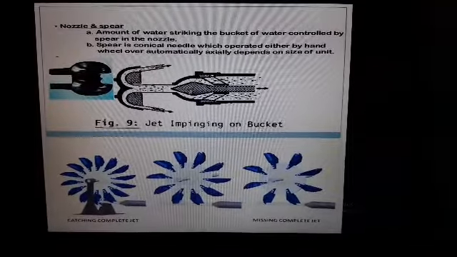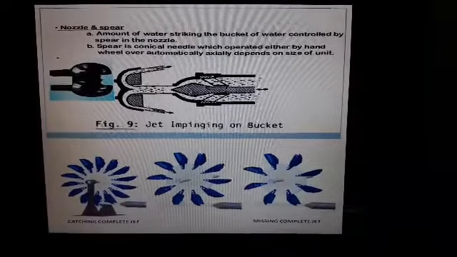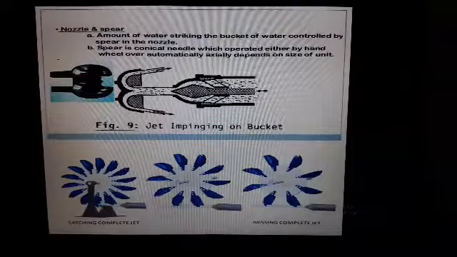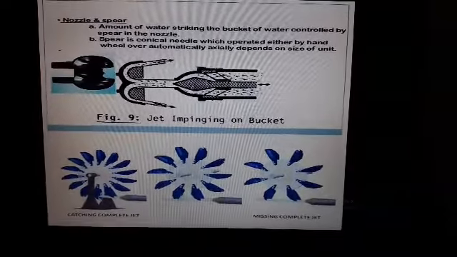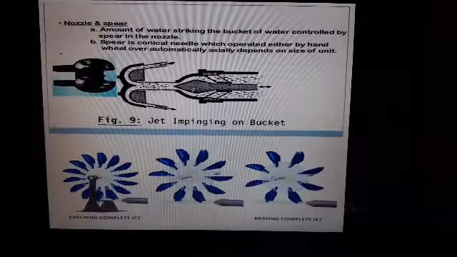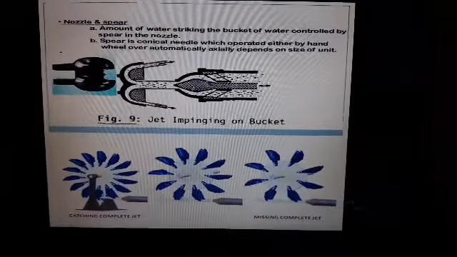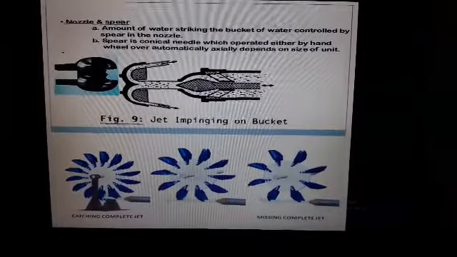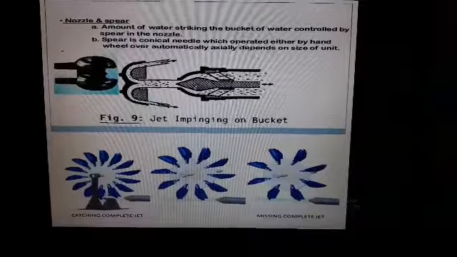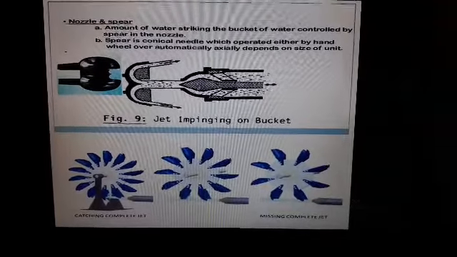The shape of the spear is conical. It may be hand operated or electrically operated. So we can clearly understand the shape of the bucket and the movement of the spear in the shown diagram.